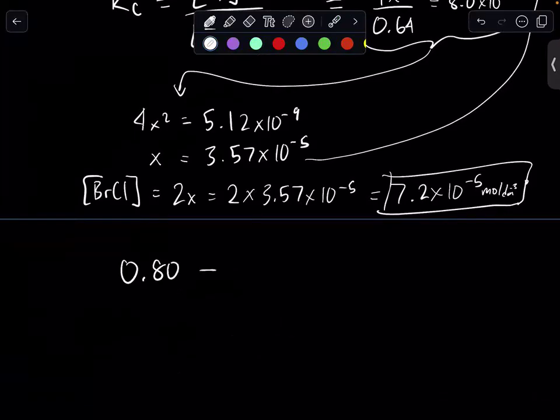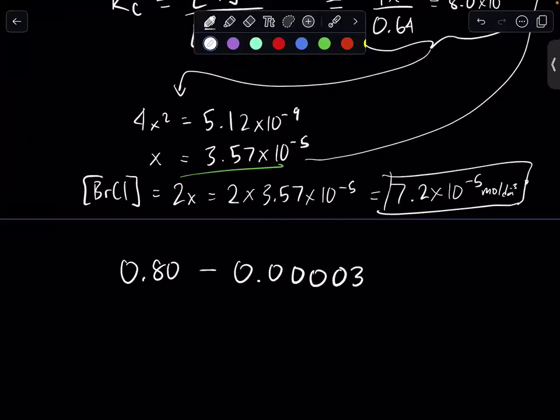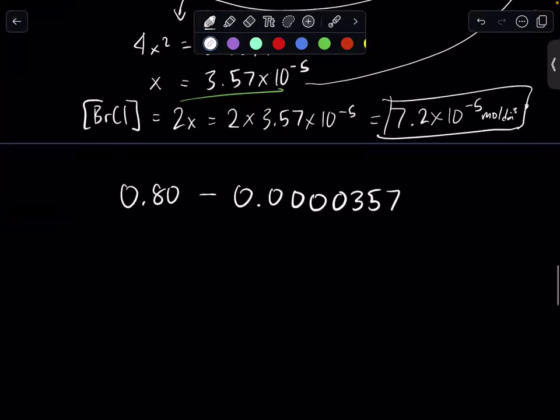0.80 minus our x value, which we found to be this, and we'll start using some real numbers and non-scientific notation. 0.80 minus 0.0000357. When we do this math, we actually find that our value in significant figures is still equal to 0.80.